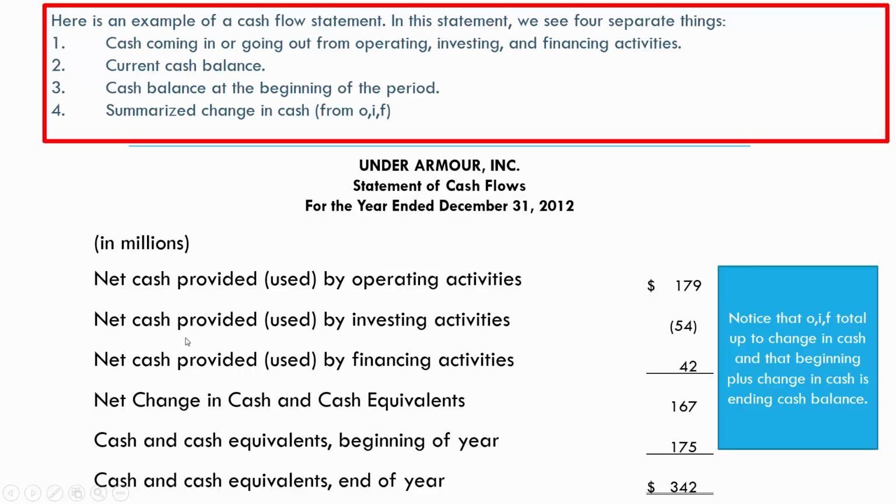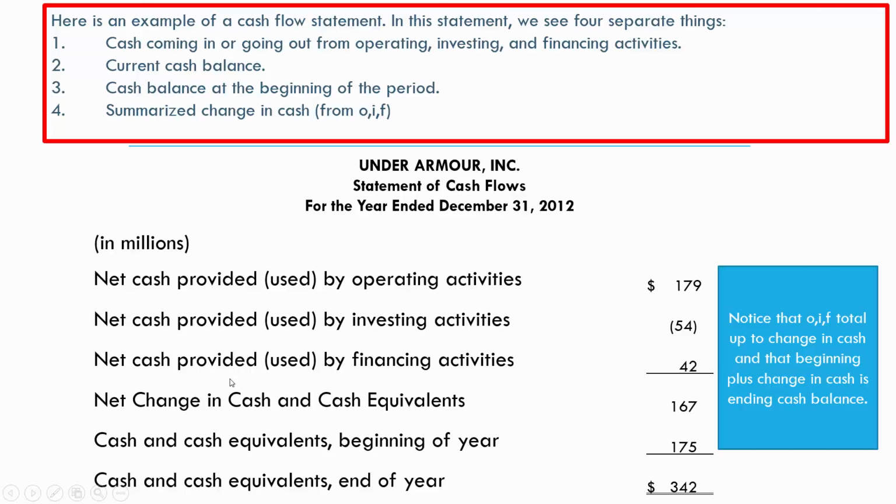In this case, it is in parentheses over here, so the cash is being used up by their investing activities. So used is a credit to cash, so we are crediting cash and we are debiting probably PP and E. We also could be debiting investments, long-term investments.